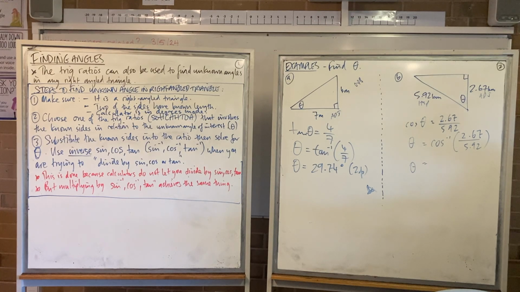Because I'm using an Apple calculator, I have to work out what 2.67 divided by 5.92 is. 0.45 on my calculator, and then cos to the -1 gives 63.19 degrees rounded to 2 decimal points.